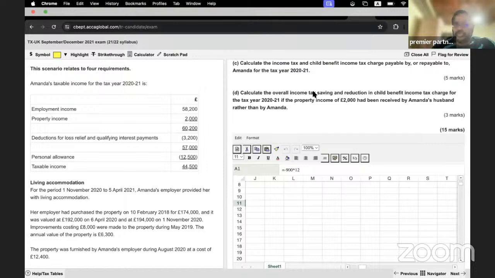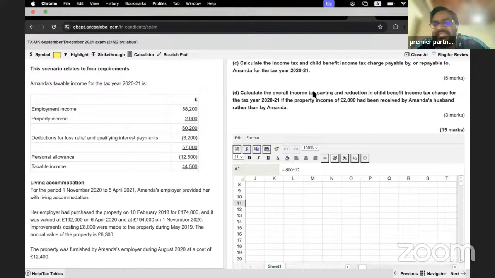Next one has two parts. Let's do both together. Calculate income tax and child benefit income tax charge payable by or repayable to Amanda for the tax year. Calculate the overall income tax savings and reduction in child benefit income tax charge if property income of 2000 has been received by Amanda's husband rather than Amanda.